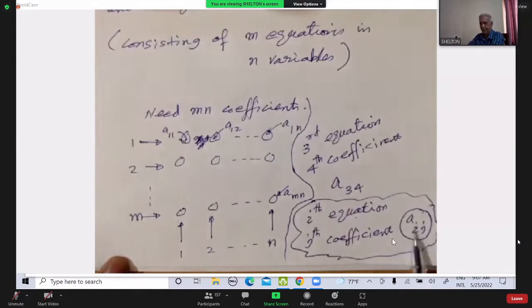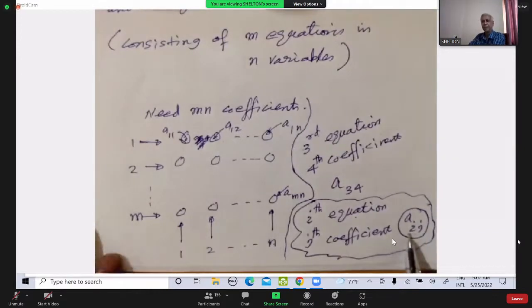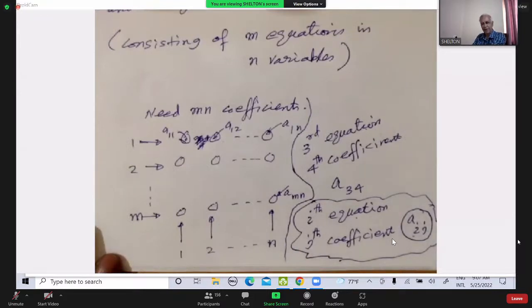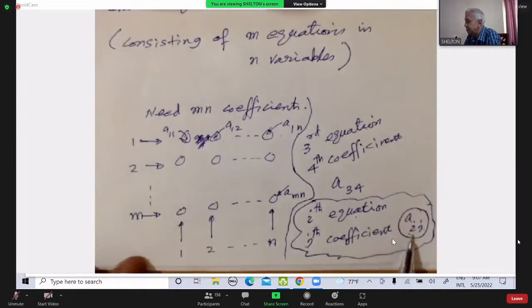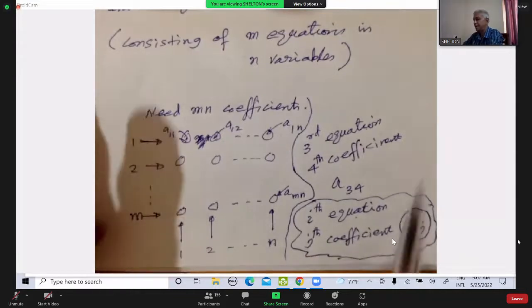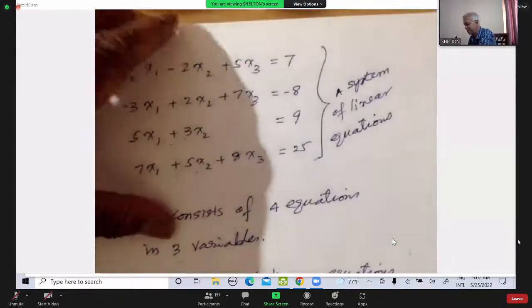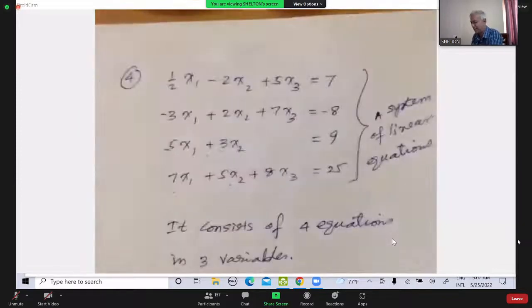It's not A times i times j. It is i for the equation number, j for the coefficient number. So ith equation, jth coefficient. Now build up on that. Is this speed okay?